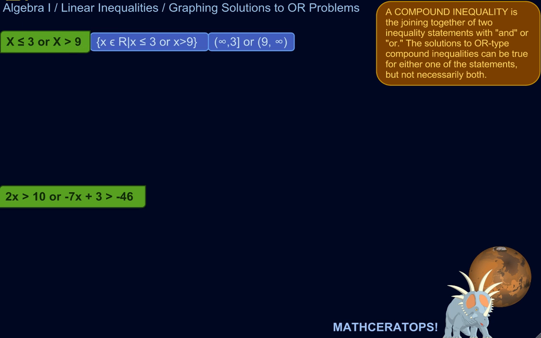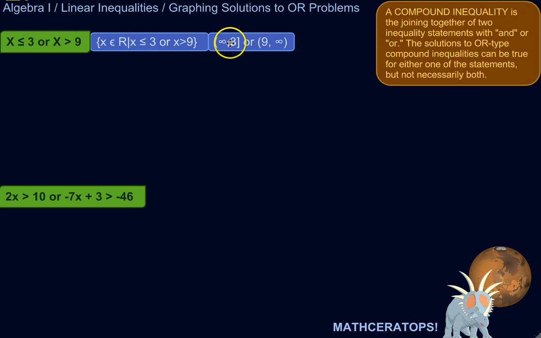So here's a way of writing out the solution. Here's two other ways of writing out the solution. This is set builder notation. X is a real number such that x is less than or equal to 3, or x is greater than 9. Here's interval notation.